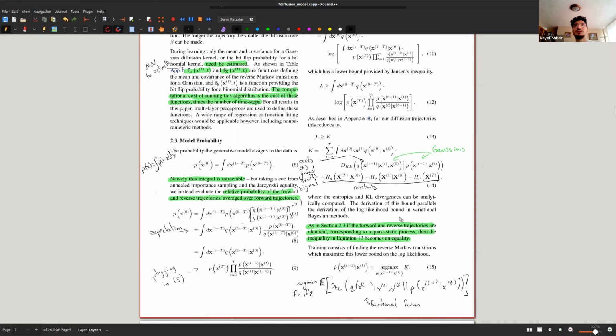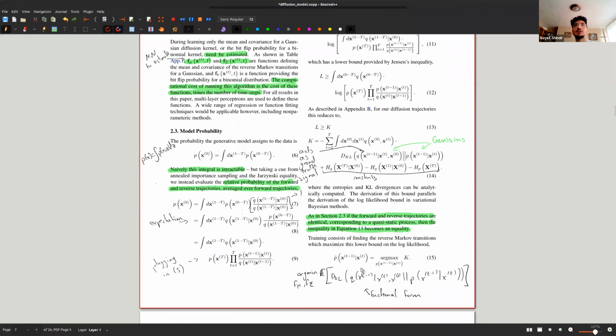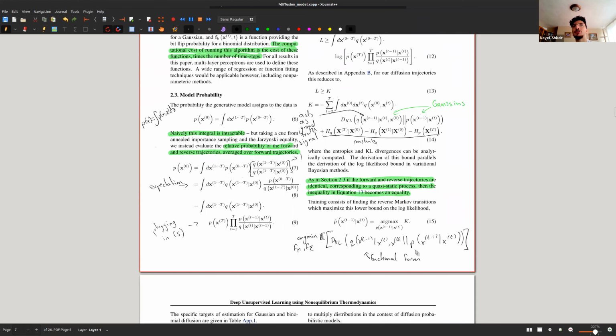So you're trying to minimize this KL divergence based on some mu and sigma. And because it's the KL divergence between two Gaussians, it has a functional form. You can write this analytically.